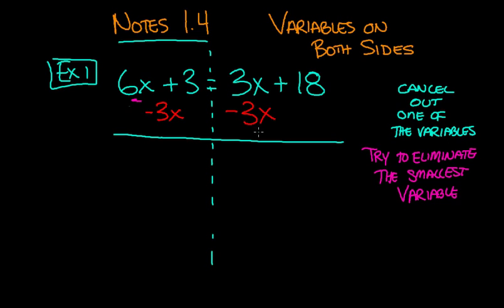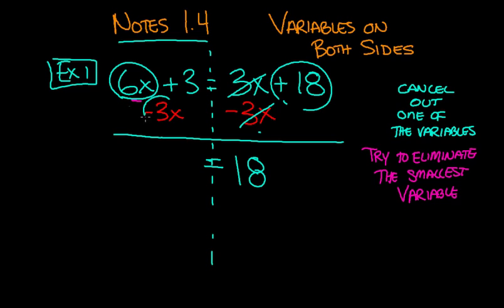Okay, on the right, the 3x and the negative 3x cancel each other out. All you have left over is a positive 18. On the left-hand side, you have 6x, a negative 3x, and a 3. Put together the like terms. 6x and negative 3x makes 3x, and then there's a plus 3 that's still hanging out.